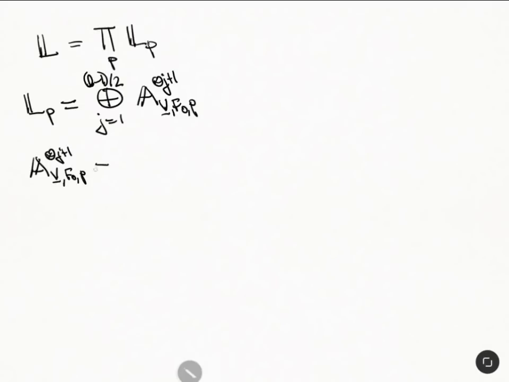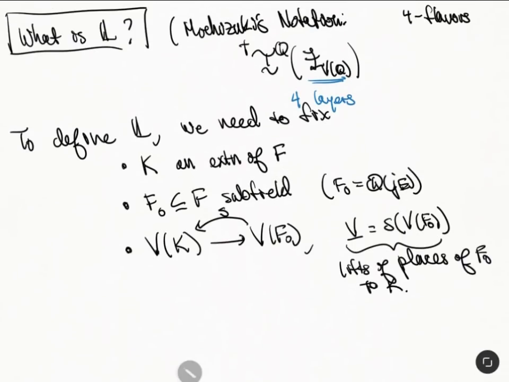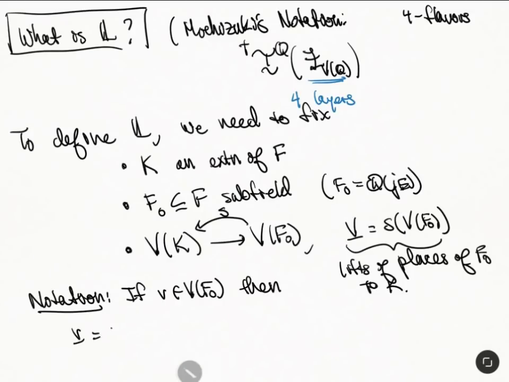Okay, so this thing is going to be equal to, what I'll do is I'll take the direct sum of V here. Let me introduce a little bit of notation too. So if V is a place of F naught, then we define V underline to be S of V. So this is just the lift of V to this thing here.